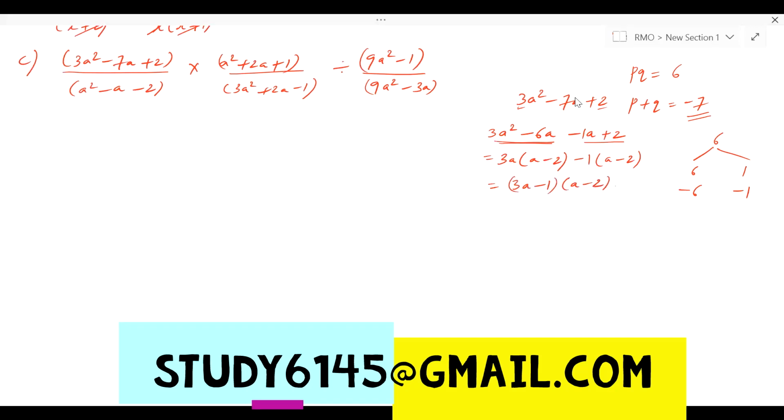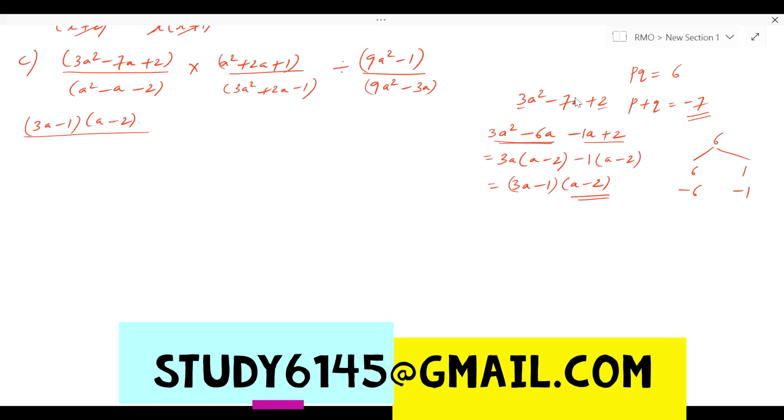Good. So instead of 3a square minus 7a plus 2, we did 3a minus 1, a minus 2. Perfect. Now in the denominator, it's a quadratic again.